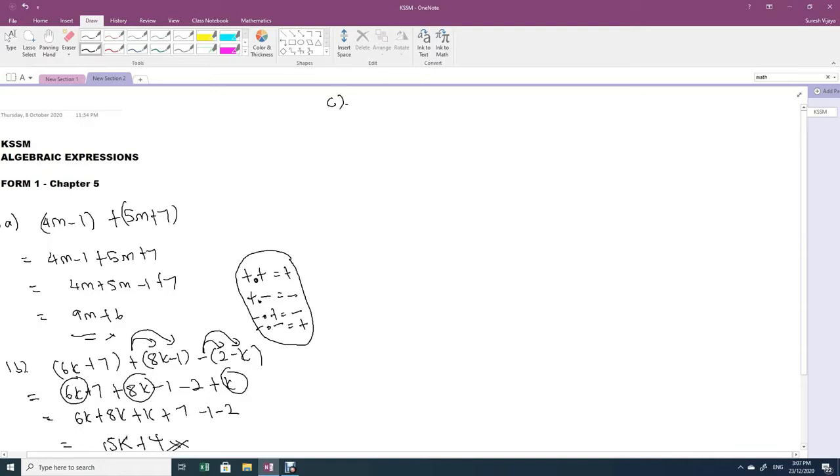Okay, 1c. We write the equation 2 over 3p plus x in the bracket, and we have minus 1 over 2p minus 8x, minus 3 over 4p plus 2x.